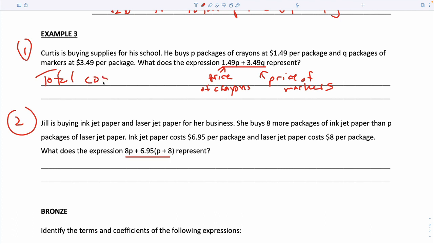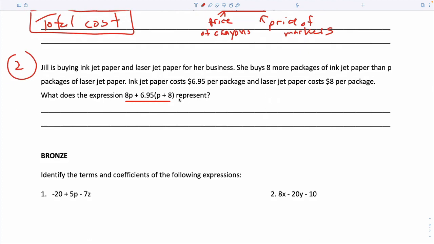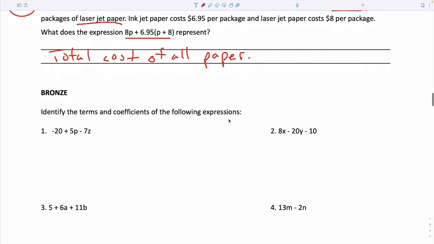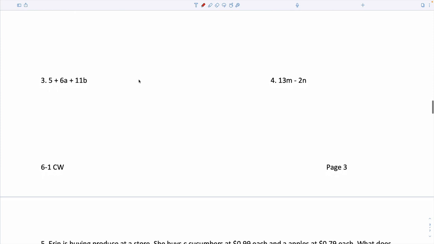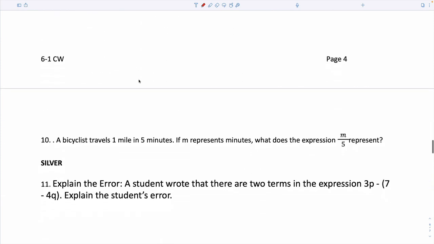Okay, you guys are about ready to just do this all on your own. This one is similar. It's going to be the total cost of inkjet paper and laser jet paper. So just put total cost of all paper. If you are about to fall asleep because this is significantly easier than last time, and you look at bronze for about 2 minutes, I would encourage you to head to silver and gold.